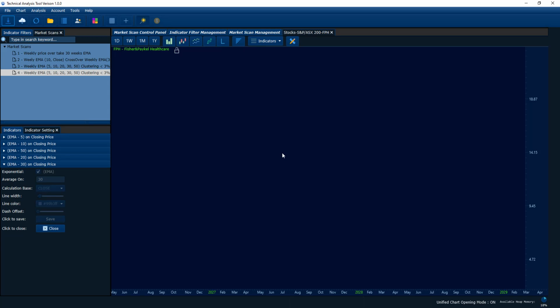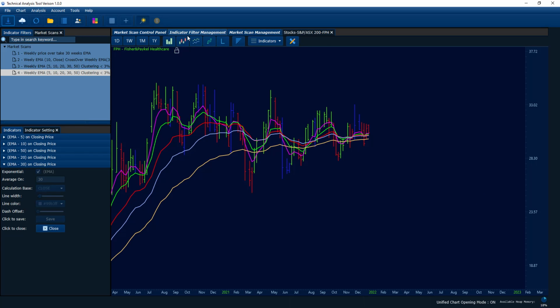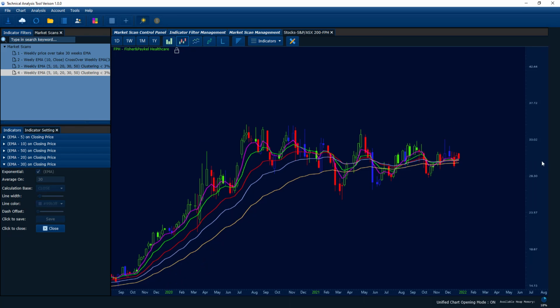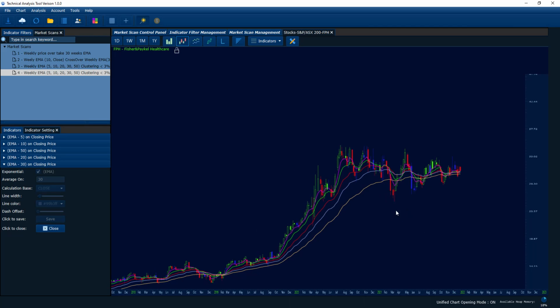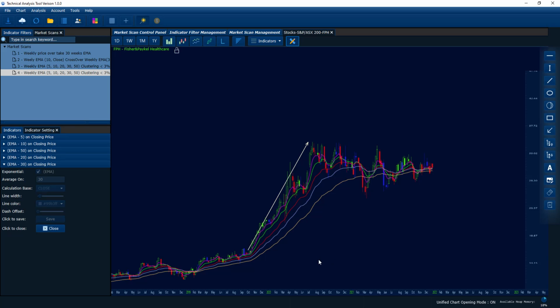This one as well, FPH. I think I showed you guys before. First of all, it looks like it's in the consolidation stage. This share has had a good run, and it's consolidated for almost 1.5 years to form this trading range, from here maybe to here, forming a triangle pattern.